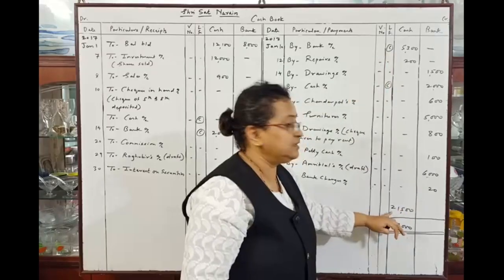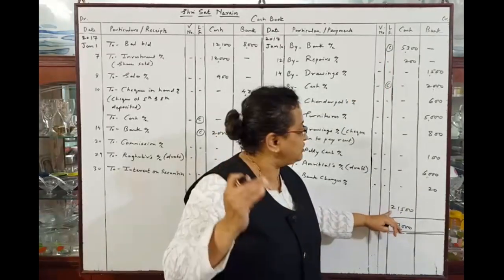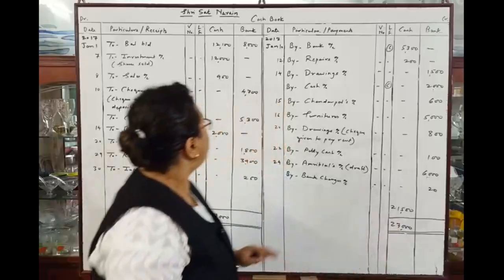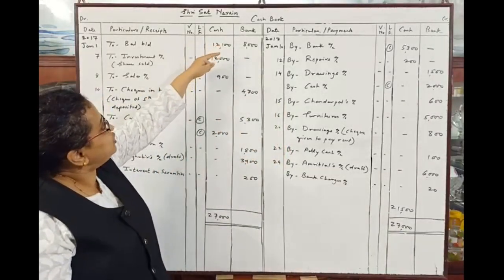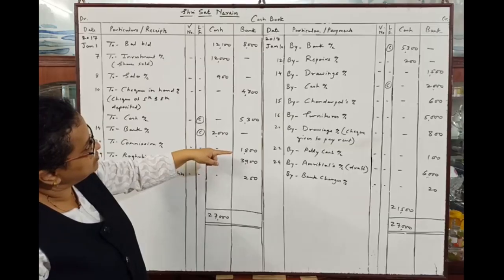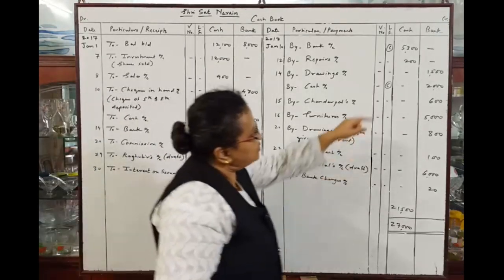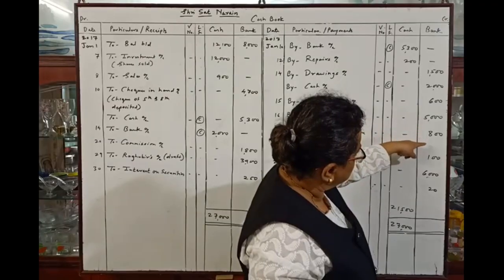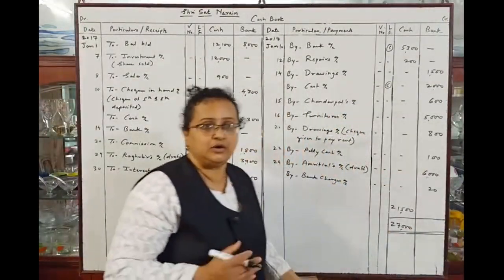So amount remaining in the cash box, that is amount remaining in office, is 21,500. Now bank, we have to do debit total. It is 23,950. Now make the credit total. It is 16,020.